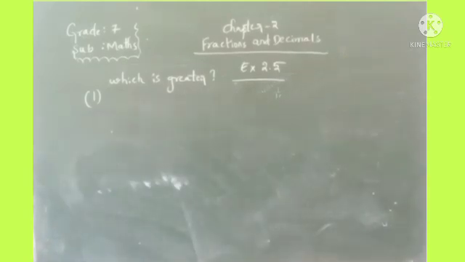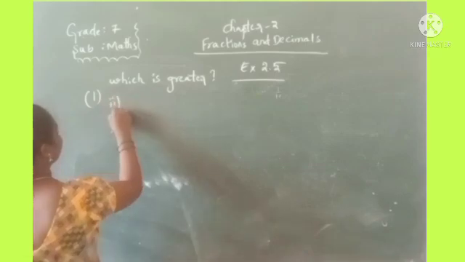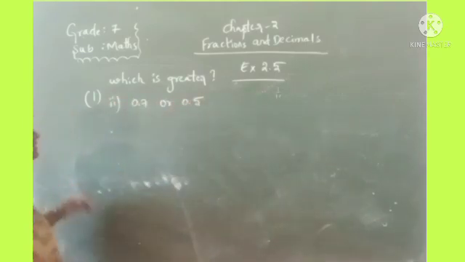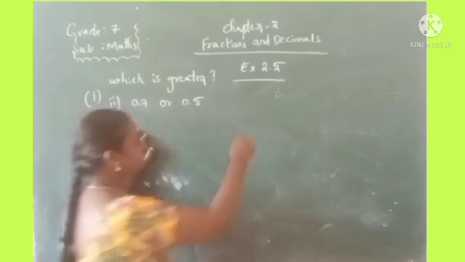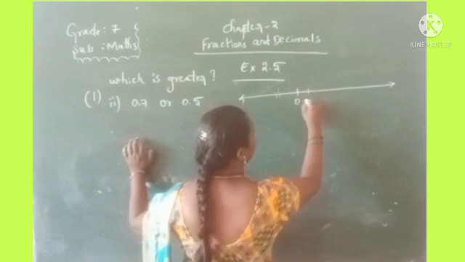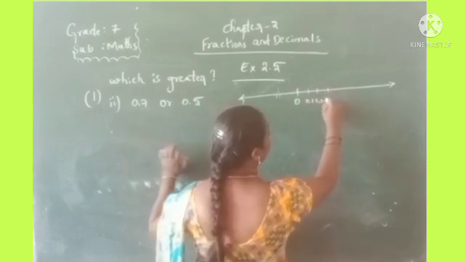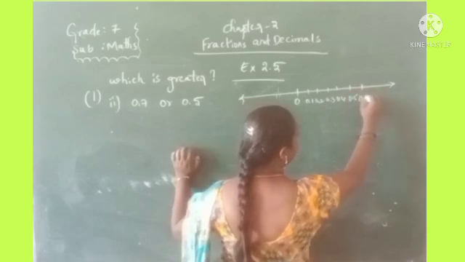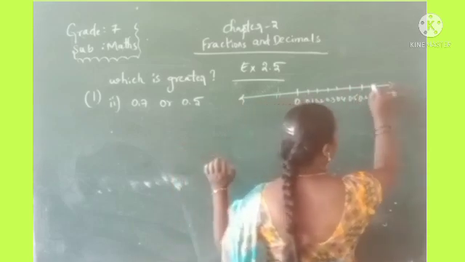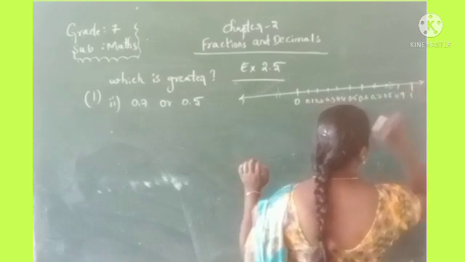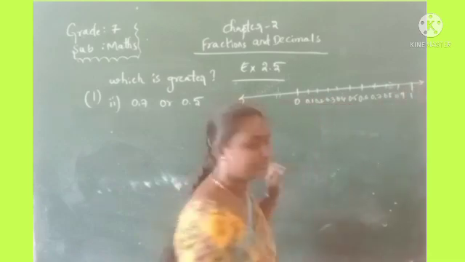Right. Second one is what? In the question, 0.7 or 0.5. Directly we can say that by using the number line. Very good. So that is 0, after 0.1, 0.2, 0.4, 0.5, 0.6, 0.7, 0.8, 0.9, after that 1.